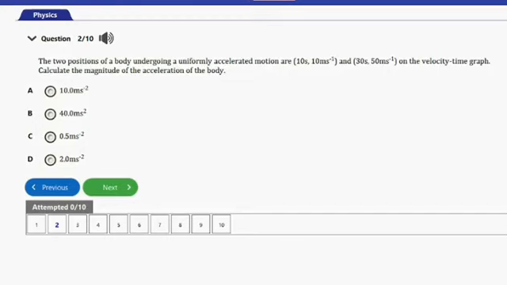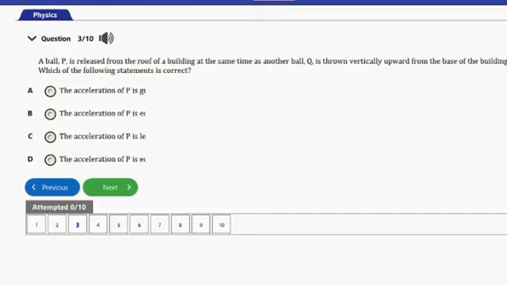Let's go ahead and consider the next question, guys. So guys, the next question here says, a ball P is released from the roof of a building at the same time as another ball Q is thrown vertically upward from the base of the building. Which of the following statements is correct?